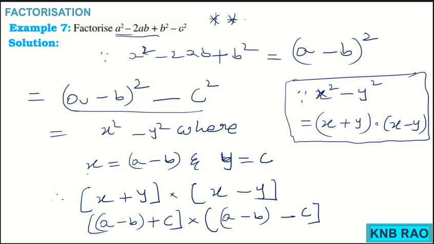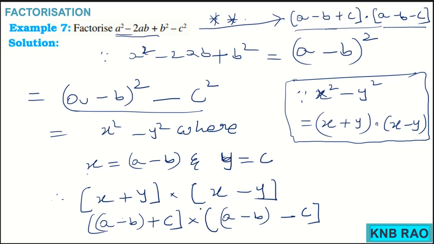So, the factorization of this given algebraic expression is the product of a trinomial a minus b plus c and another trinomial a minus b minus c. Remember, that is a very important question. Factorization of a square minus 2ab plus b square minus c square is the product of two trinomials. After simplification we get this answer only.